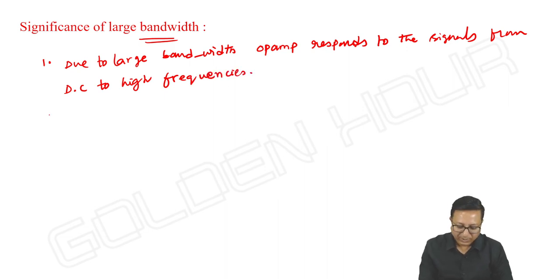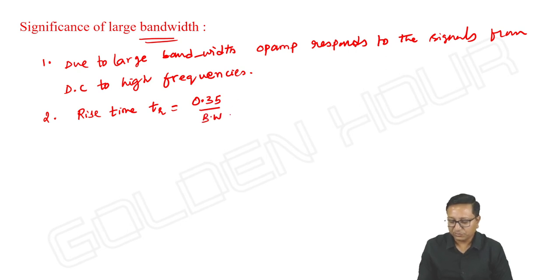That is the advantage. And the second point is, we know the rise time TR of a system is given by 0.35 by bandwidth, of course with the bandwidth in hertz, otherwise 2.2 by bandwidth in radian per second. So it is inversely proportional.